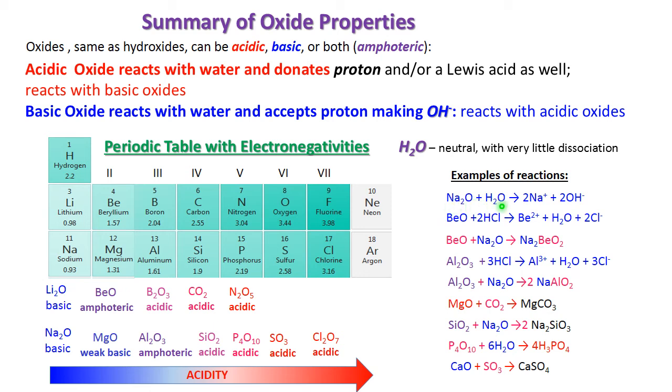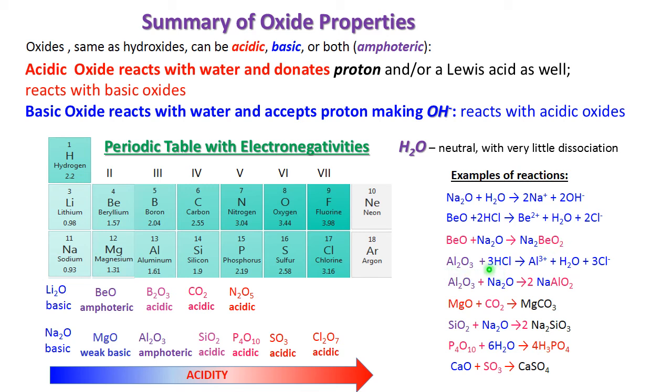Sodium oxide reacts with water to make a sodium hydroxide solution. Beryllium oxide reacts with acids to make beryllium ions, chloride ions, and water. On the other hand, beryllium oxide can react with sodium oxide to make berylates, Na2BeO2.